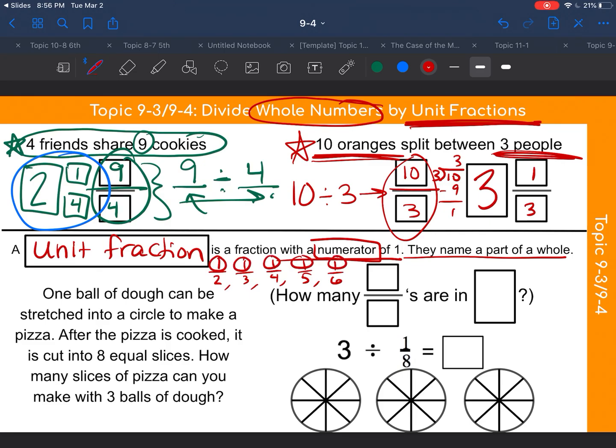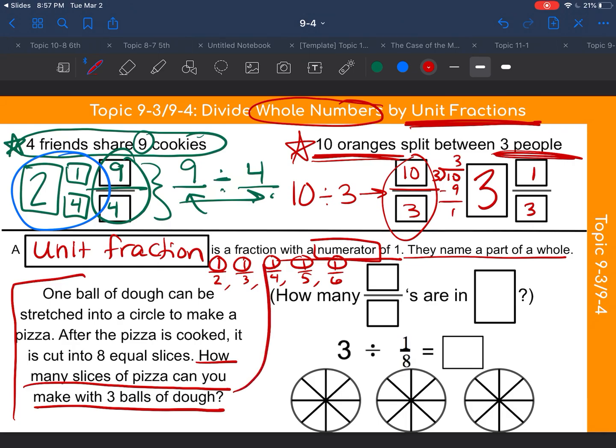So what we're going to be modeling today are whole numbers divided by unit fractions. Let's look at this problem. It says 1 ball of dough can be stretched into a circle to make a pizza. After the pizza is cooked, it is cut into 8 equal slices. How many slices of pizza can you make with 3 balls of dough? Again, this is very similar to our problems up here.